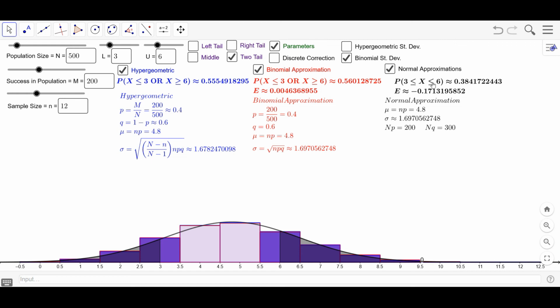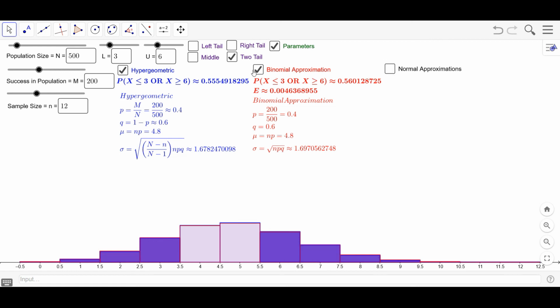But I think it's maybe a little overused, because nowadays, with programs like what you see right here, or standard graphing calculators like a TI-84, or other programs online, or the standard probability calculator in GeoGebra, you can compute hypergeometric, binomial, as well as normal probability calculations very easily. And so you're really better off using the actual thing.